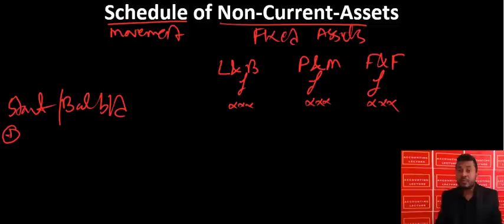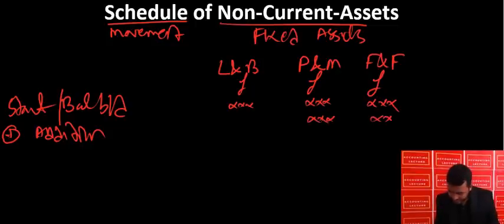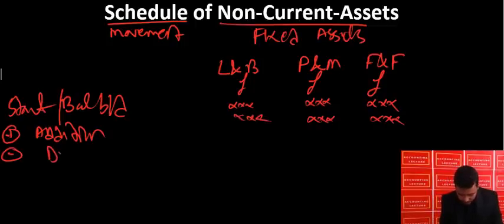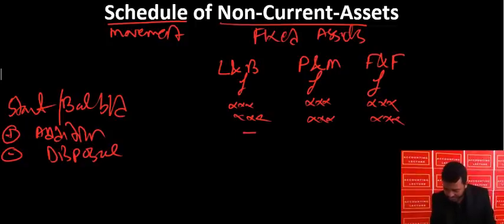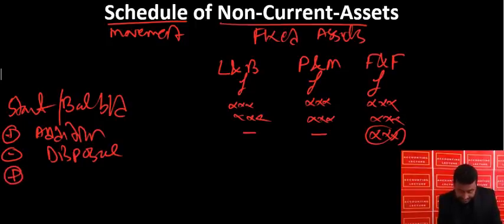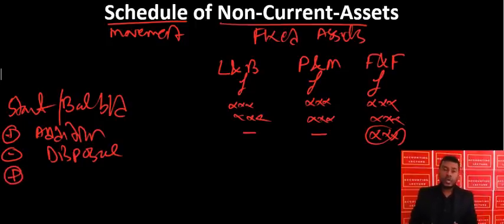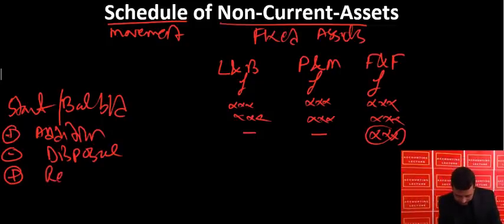Plus addition, purchase of non-current asset. Anywhere you can write it down, even if you purchase here. Less disposal, if there is any. There could be no disposal in land and building, could be disposal in plant and machinery, or could not be. Let's assume no disposal over here. And if there is any revaluation of your land from the previous figure, it has gone up, you need to add it.